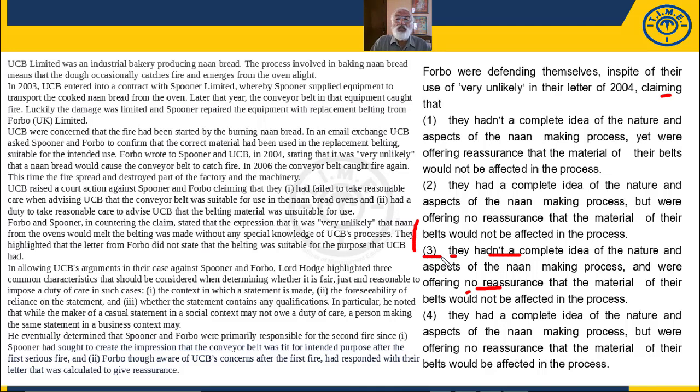No, they were not claiming that they had a complete idea. They were claiming that they hadn't a complete idea and that they were offering no reassurance. So 3 then is the answer to this question. And with that, this passage is done and we now move on to the next.